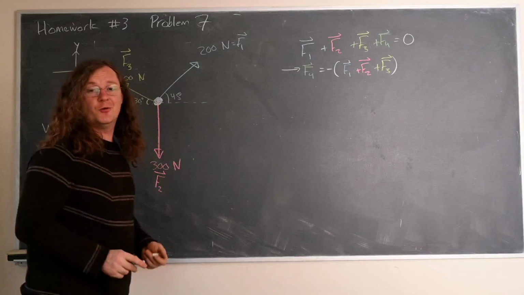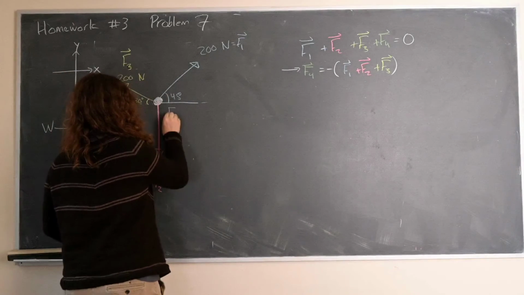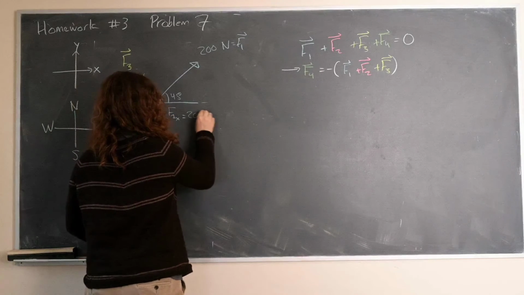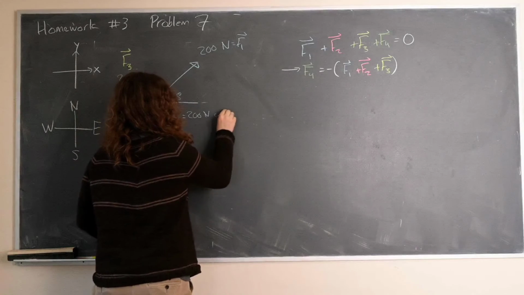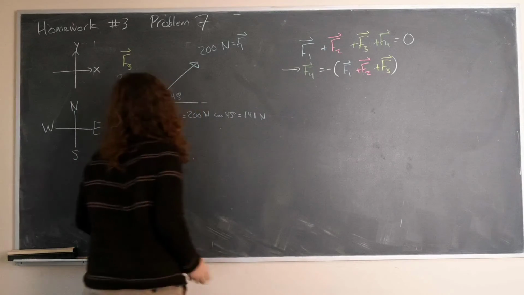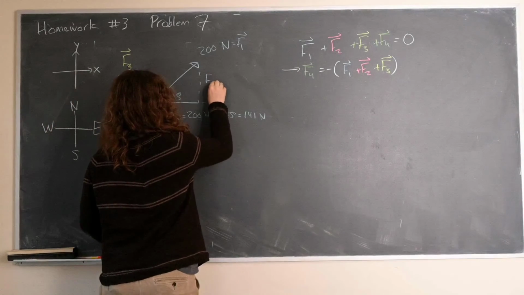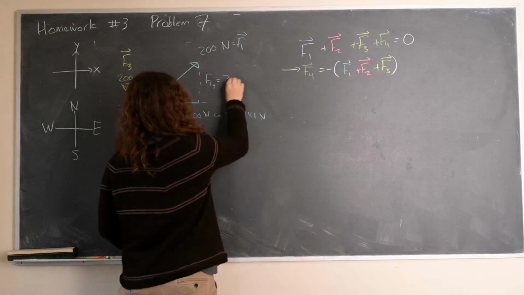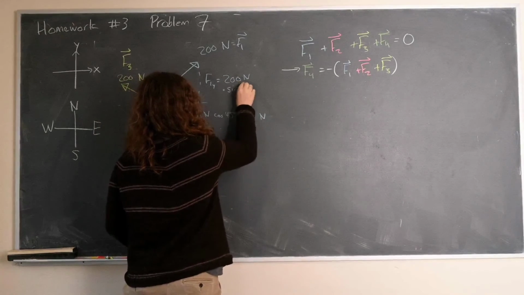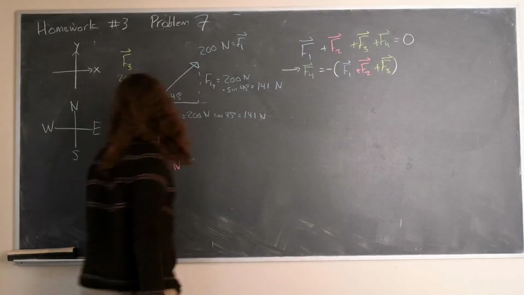So now we do our trig. F1x is going to be 200 newtons cosine 45 degrees, which is 141 newtons. F1y is going to be 200 newtons times sine 45 degrees, which is also 141 newtons.